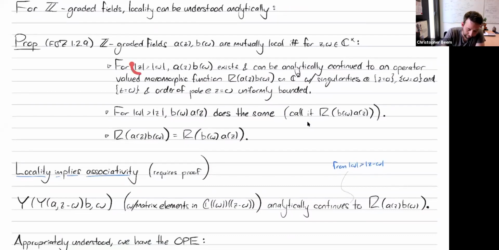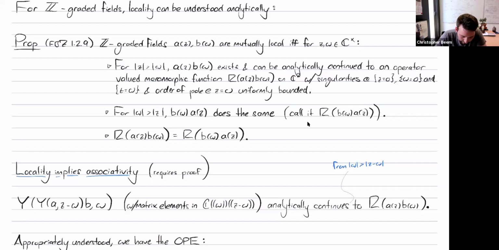So for Z bigger than W in absolute value, so now Z and W are numbers, then this composition A of Z, B of W actually exists as an operator on your vector space and can be analytically continued to an operator valued meromorphic function of the two coordinates Z and W, where the singularities are only at Z equals 0, W equals 0, and Z equals W. So the places where you would expect from a physics picture.